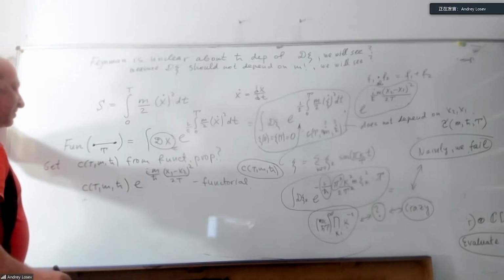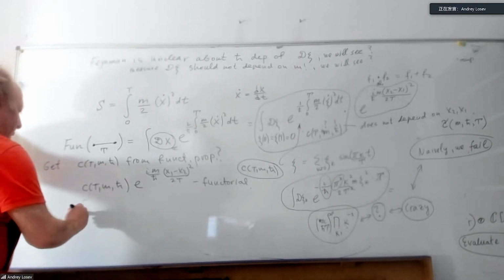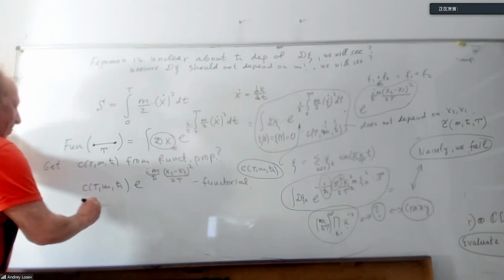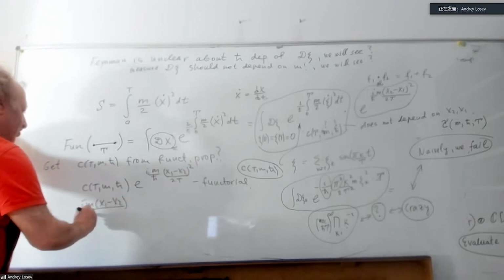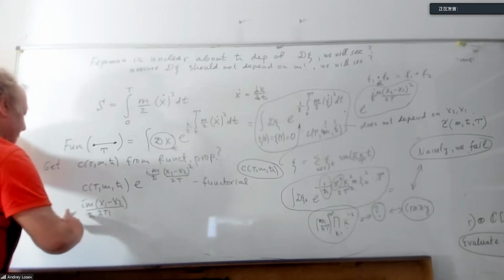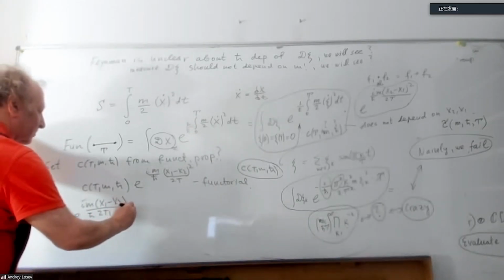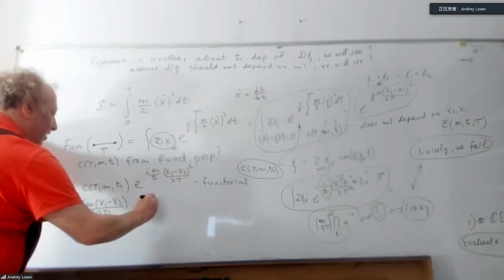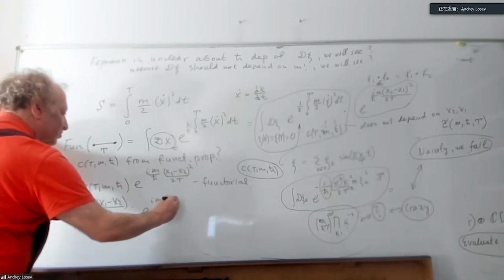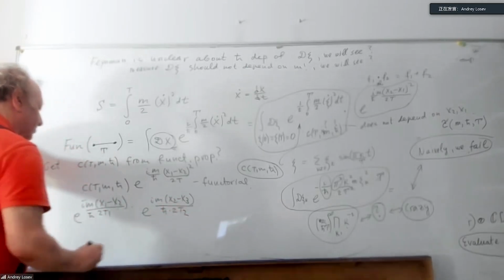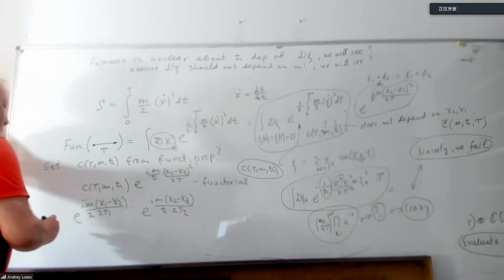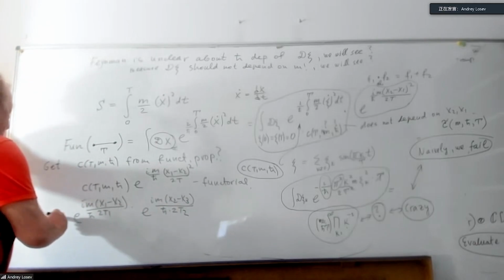So what does this mean? x1 minus x2, h, 2t1, e to the im (x2 minus x3), h, 2t2, c1 c2.